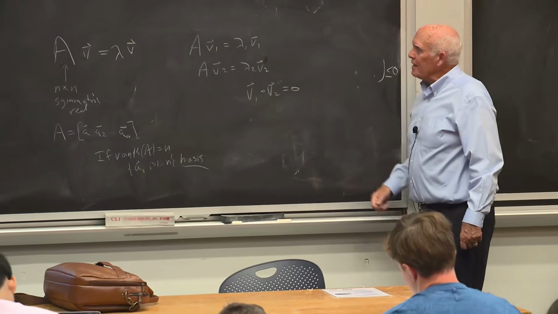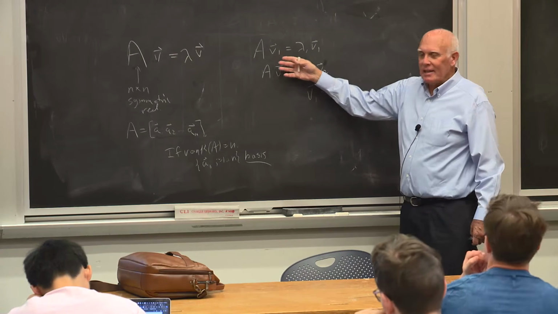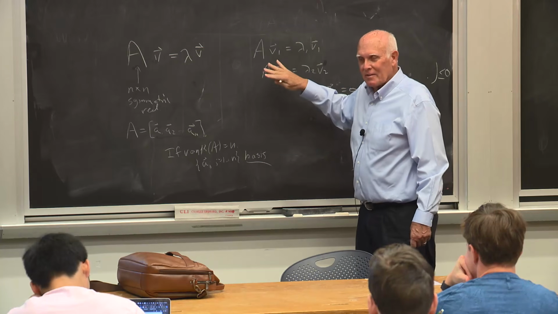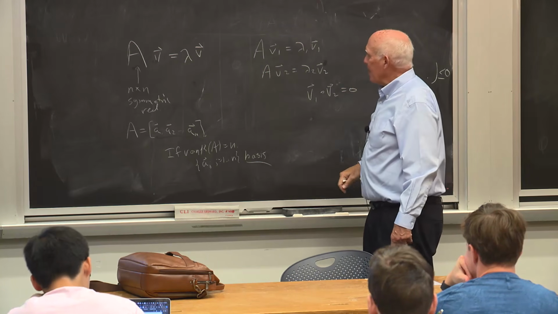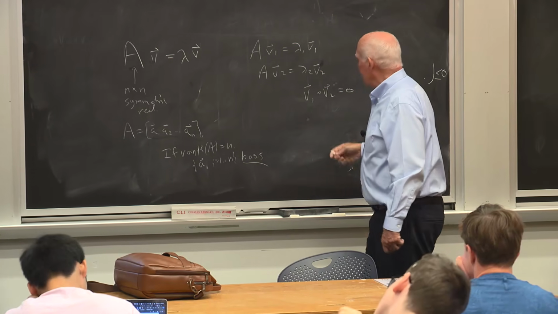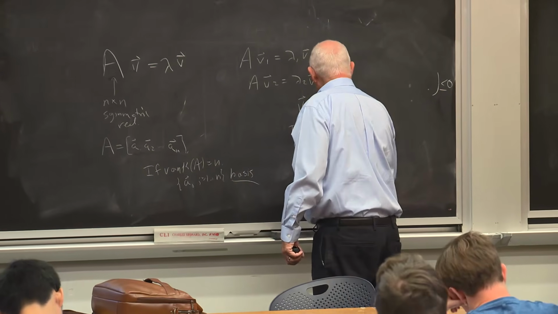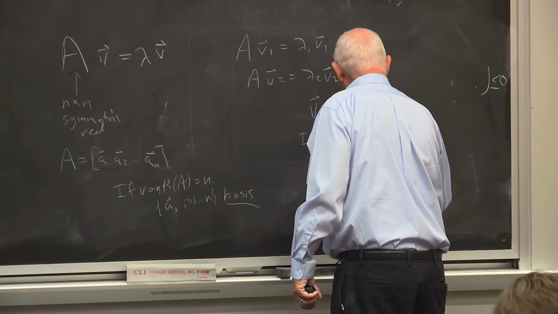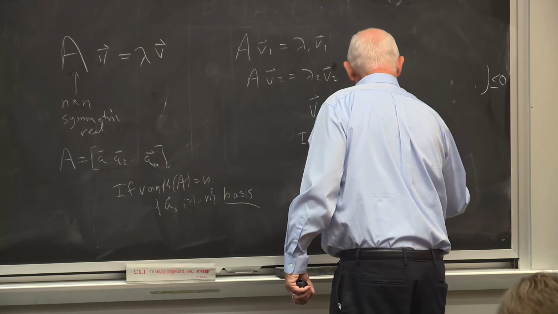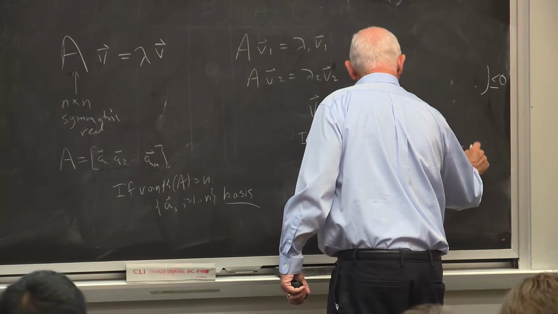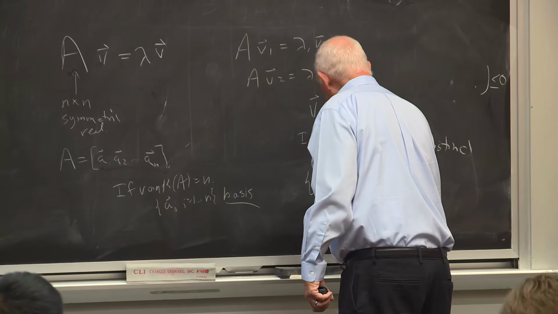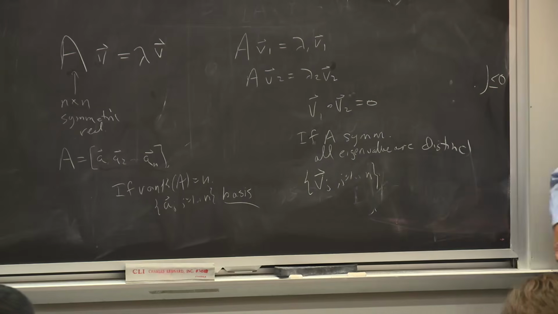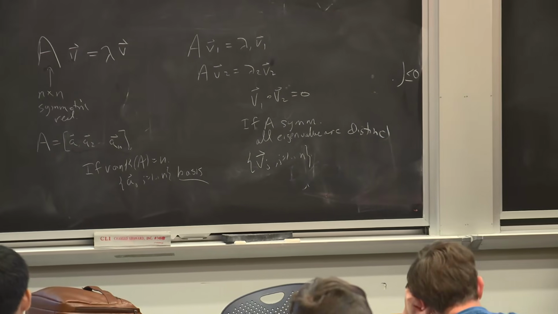And if we have a matrix A that is symmetric but has eigenvalues that are all distinct, then the collection of eigenvectors Vj, j equaling 1 to n, would correspond to an orthogonal basis.